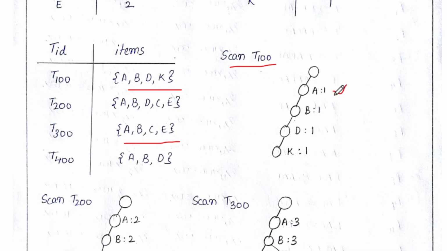Only one time, so I represent it as a node. Next is followed by B, then D, and then K. For all these items I have written the count as 1, because each is repeated only one time in the first transaction, T100.